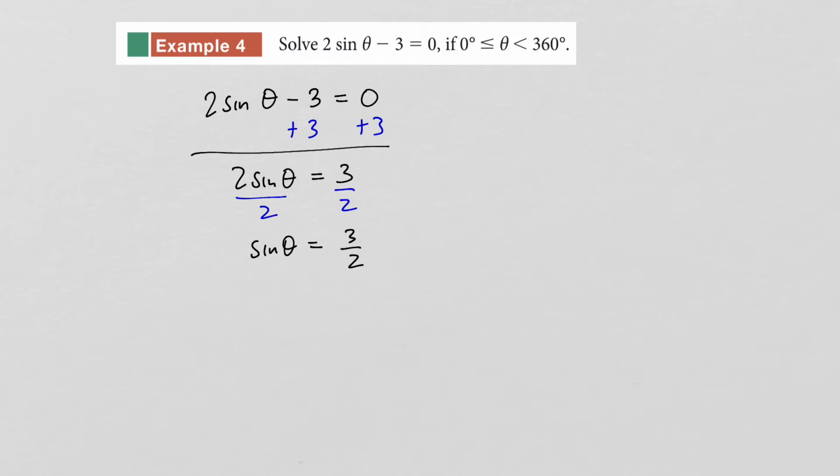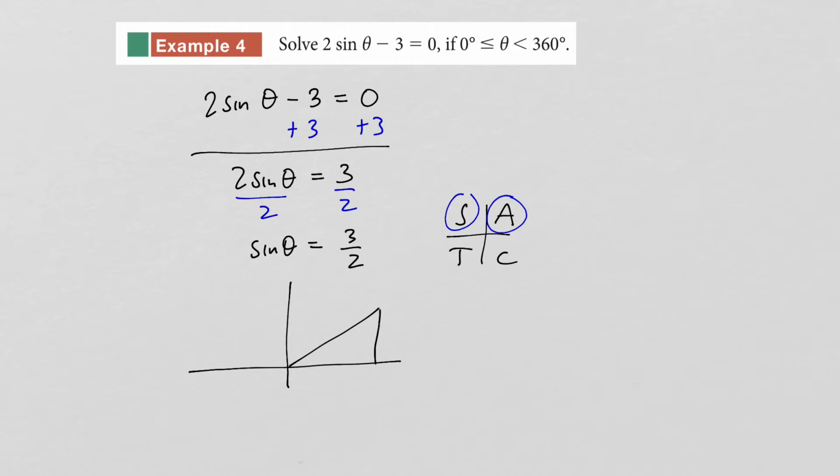Now, these numbers don't really look familiar, but let's think about where this would occur. So once again, we know that sine is positive in the first and second quadrant. So if we're going to have solutions, that's where they'll have to be. So I will draw a reference triangle in each quadrant. And we know that sine is the opposite side divided by the hypotenuse.